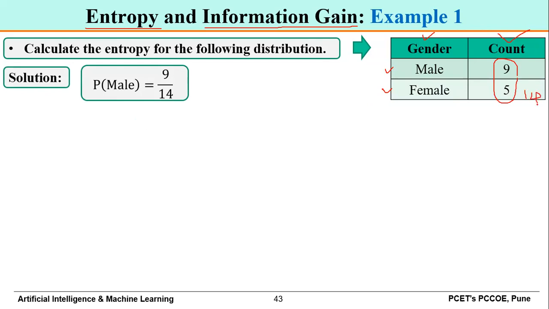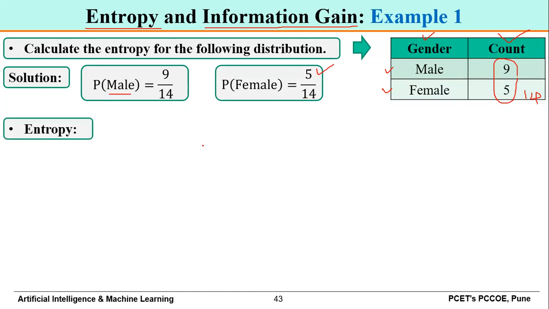So total data points equal 14. So the probability of male is 9 by 14. Similarly, there are 5 female candidates. So the probability of female is 5 by 14.